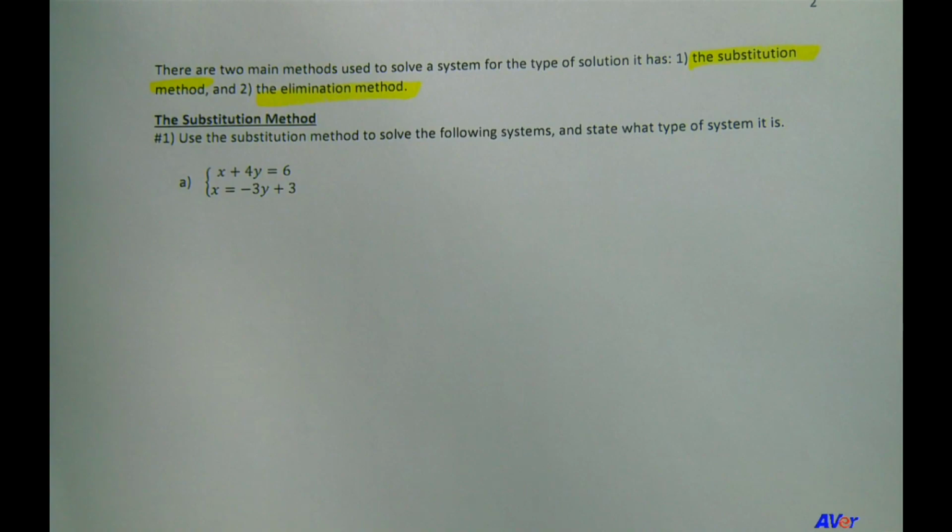I'm just reminding you that the method we're discussing here, the substitution and elimination method, only applies to systems of two equations, two unknowns. This method does not apply as you see it here to systems of three equations, three unknowns.